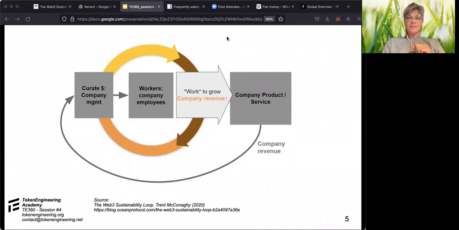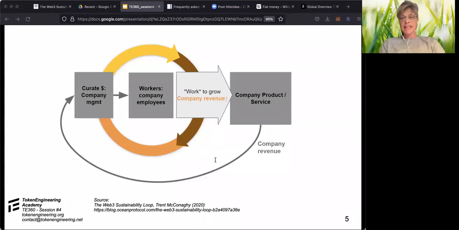All right, let's first take a look at the company business model. In a simpler version of it, at the center, we have the workers, company employees who do work to grow the company revenue. I quote the article here, by bringing the company's product or service to market. That's how we know it.